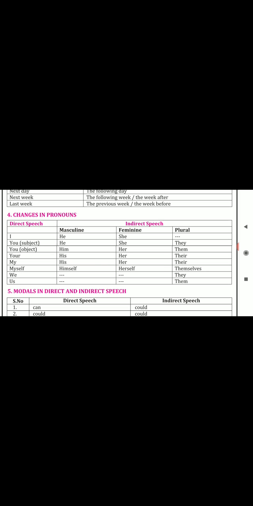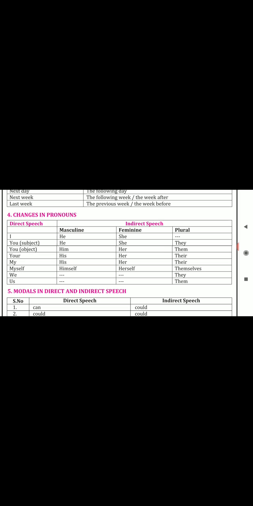And then you as object, if it indicates masculine gender, it becomes him. If feminine, her. If the object is plural, it becomes them. And then your, if masculine, becomes his.